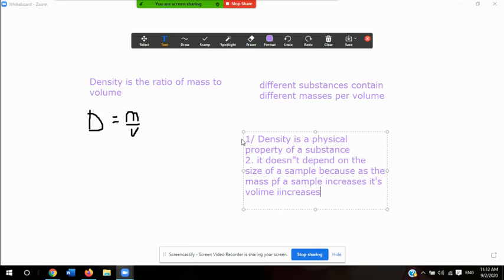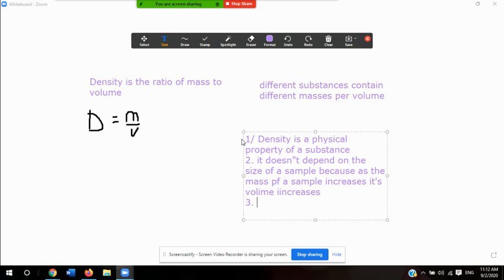So basically, it's saying that liquid mercury is going to be denser than water if we use those two, because as the mass of the liquid mercury increases, so does the volume. That means that the more mass it has, the more space it occupies.